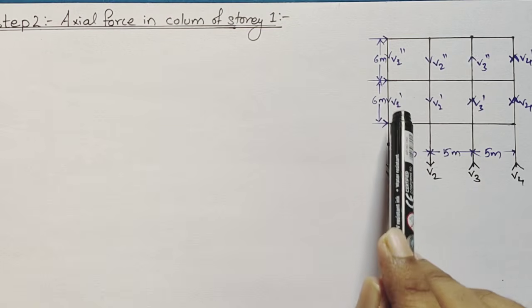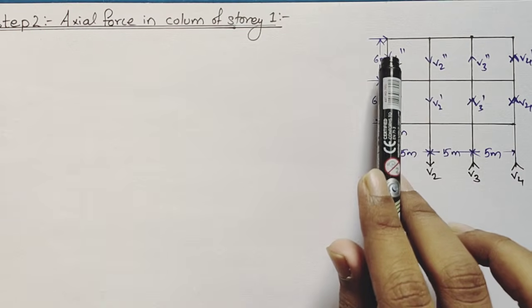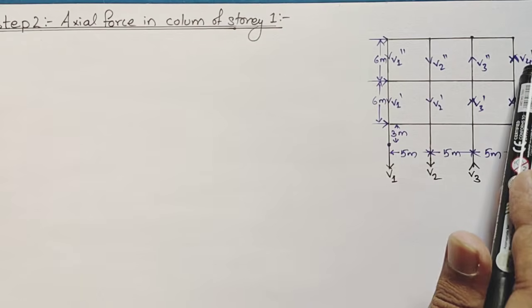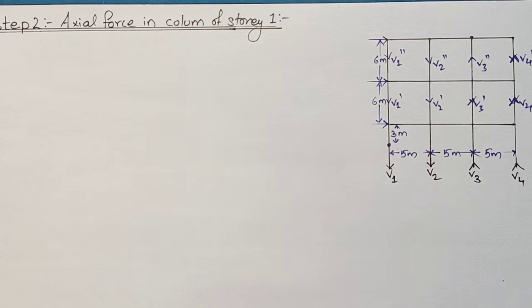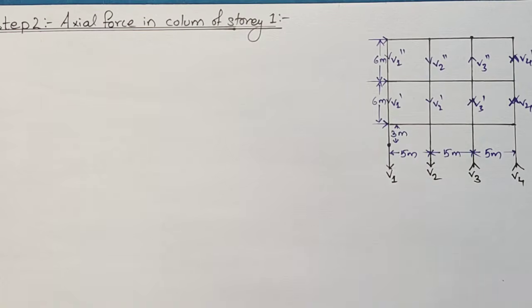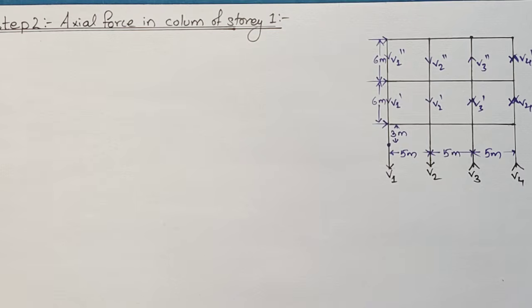Similarly for the second story, V1 dash, V2 dash, V3 dash, V4 dash, and for the third story, V1 double dash, V2 double dash, V3 double dash, V4 double dash. The dashes are just for recognizing that these stresses are of the first story, second story, or third story.